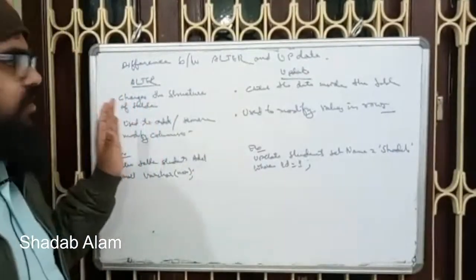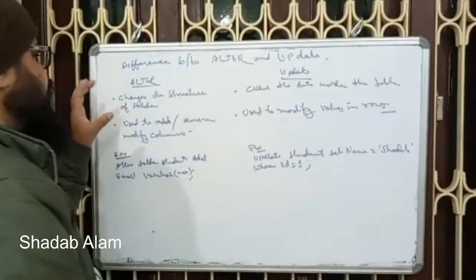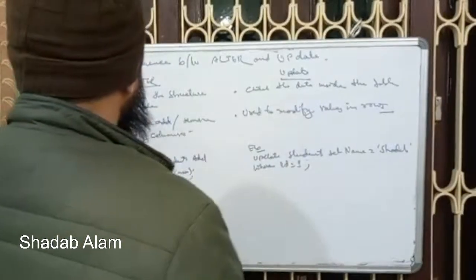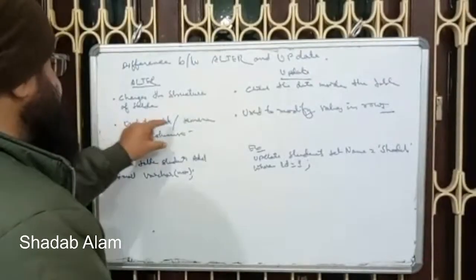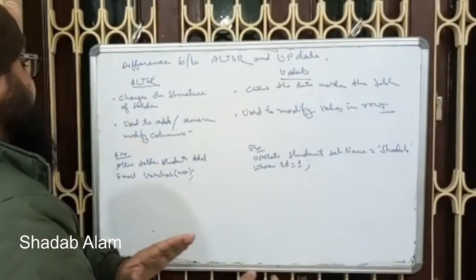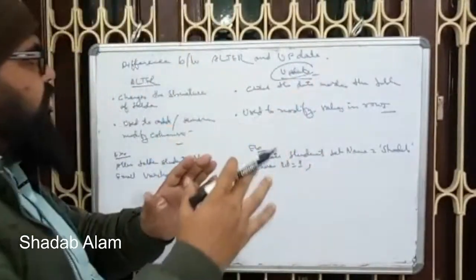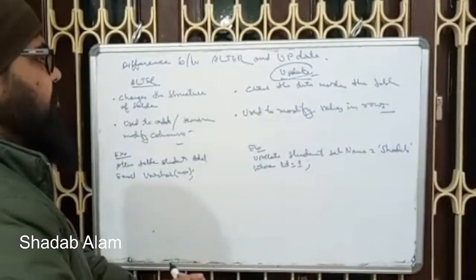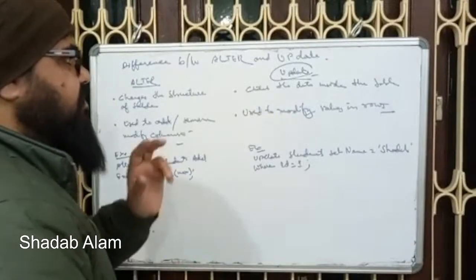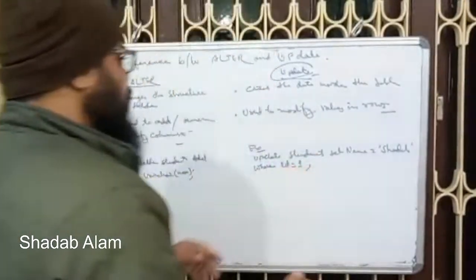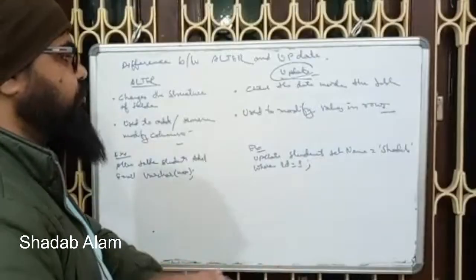With the help of ALTER, you can change the structure of a table, adding, removing or modifying columns. With UPDATE, you change the data inside the table, modifying values in rows.